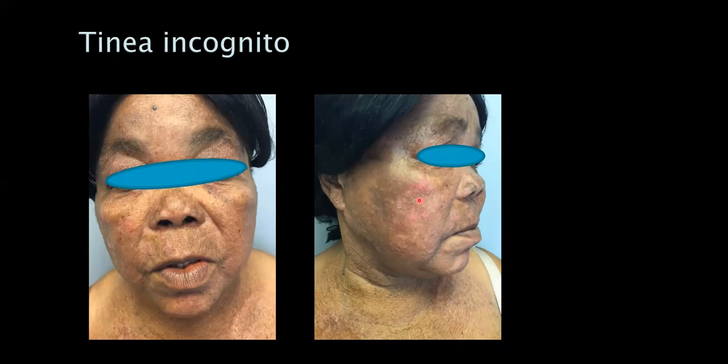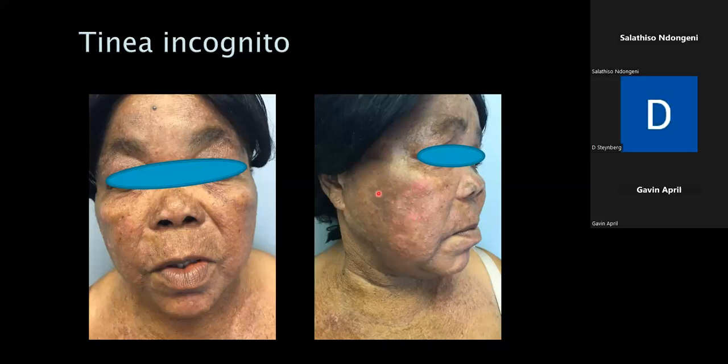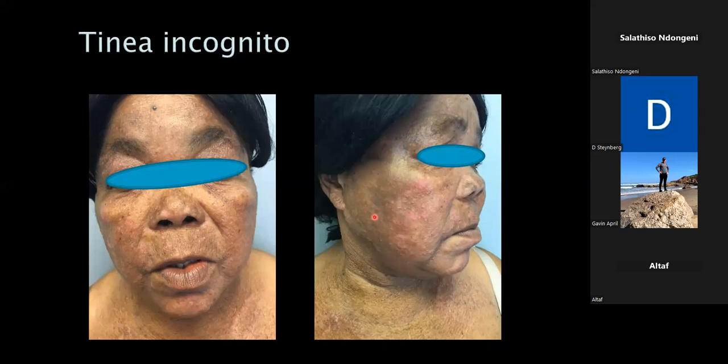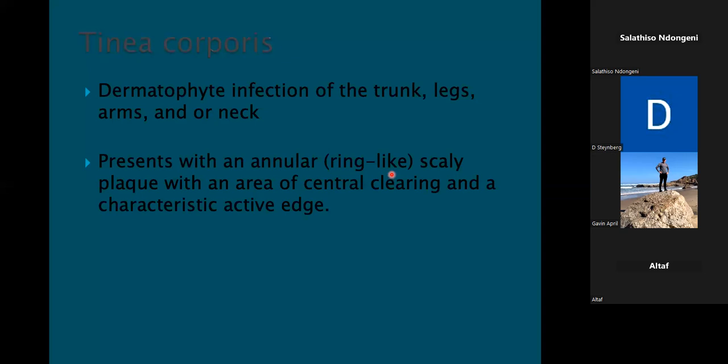They present with these small little papular lesions. You can still see that there's a border, there's areas of hyperpigmentation, but there's loss of that annular appearance. And there are other clues that this patient has been using steroids, such as thinning of the skin, the hyperpigmentation, that shiny appearance. Those are signs of steroid use or steroid abuse.